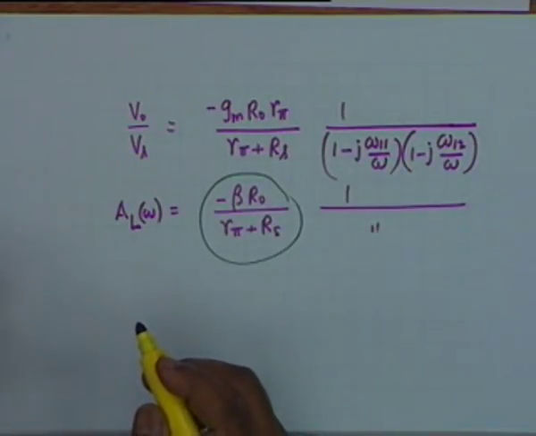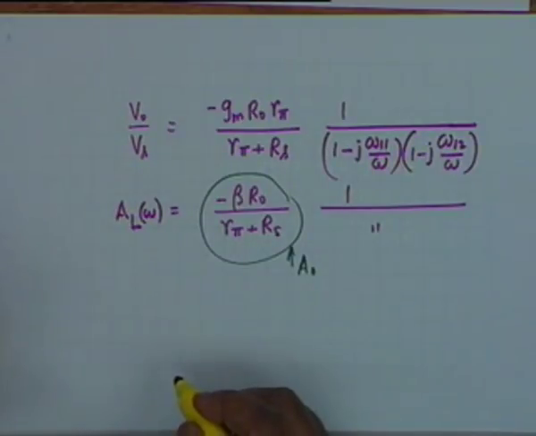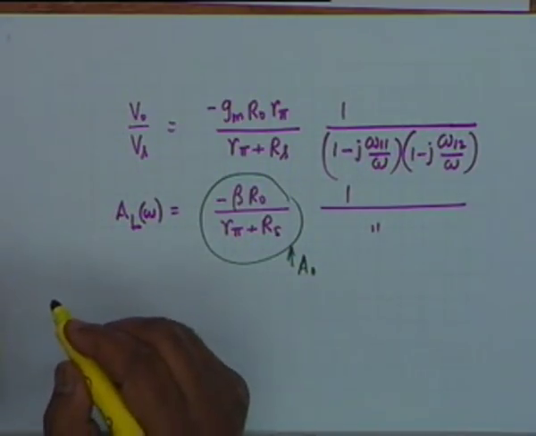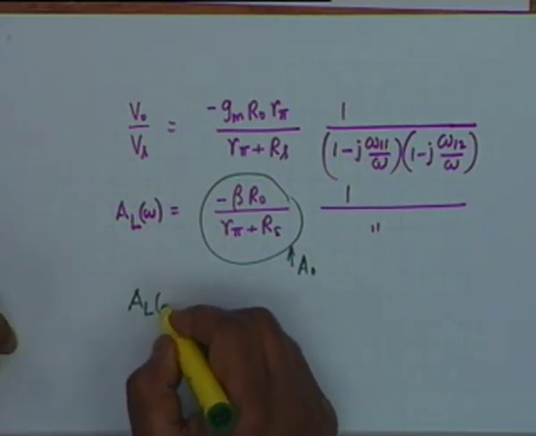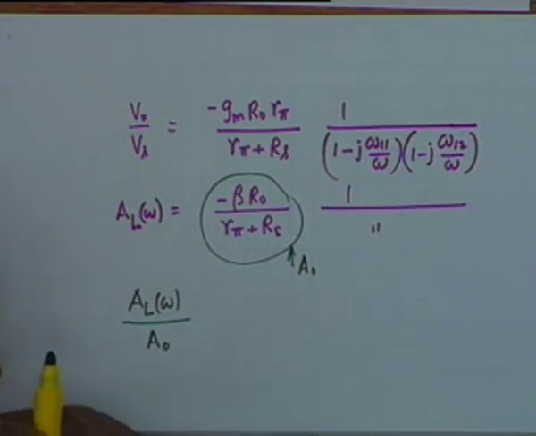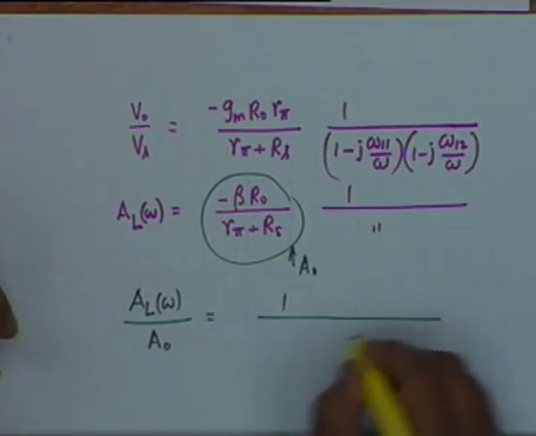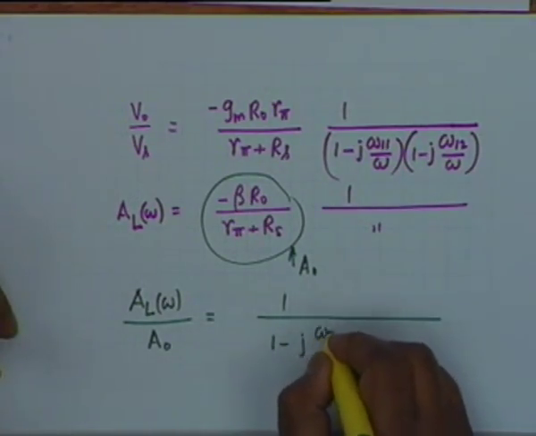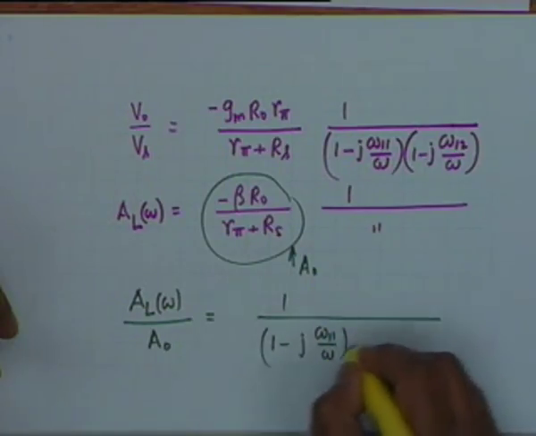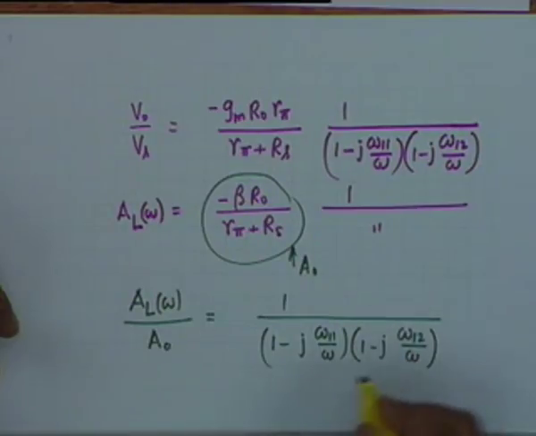This is the mid band gain, that is A0, and therefore the normalized gain, that is AL omega divided by A0. If we normalize the gain with respect to A0, it is simply given by 1 by 1 minus j omega 1 1 by omega, times 1 minus j omega 1 2 by omega.